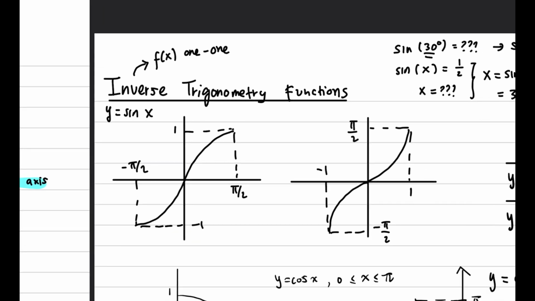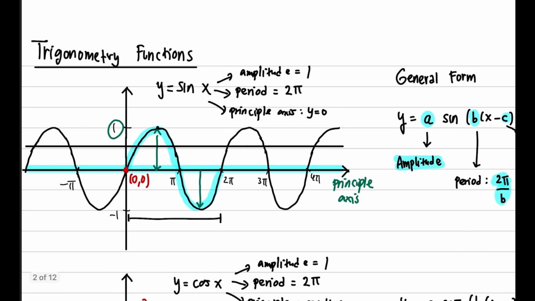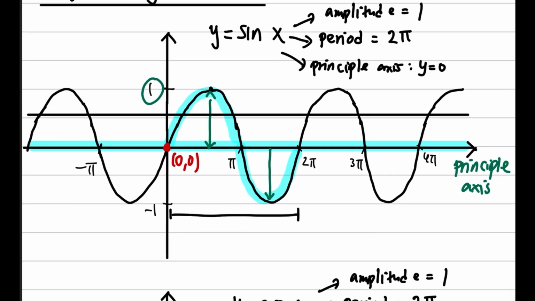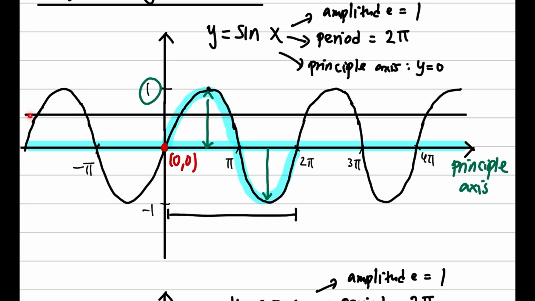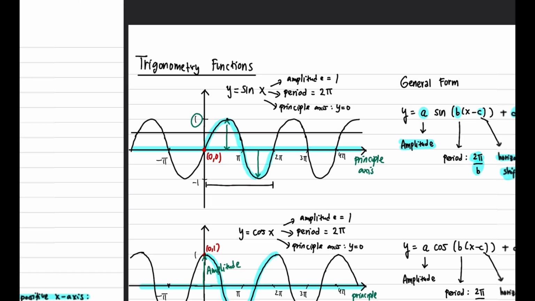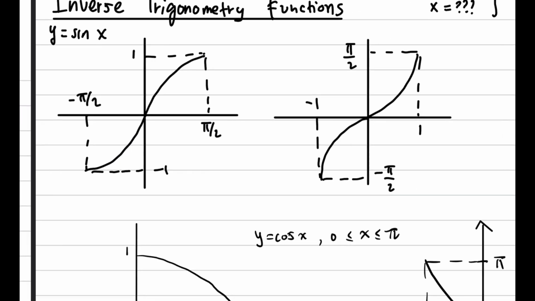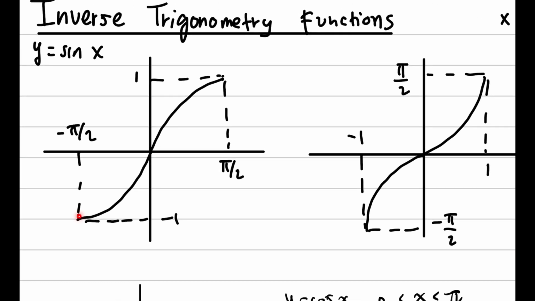But we know that if we go back to our y equals sine x, it's not one-to-one, because if you take a horizontal line, it has a lot of intersections. To make it one-to-one, you have to limit the domain so that when you take a horizontal straight line, it only has 1 intersection. As you can see, this is our limited sine x. You limit the domain so x is between minus pi over 2 and pi over 2.